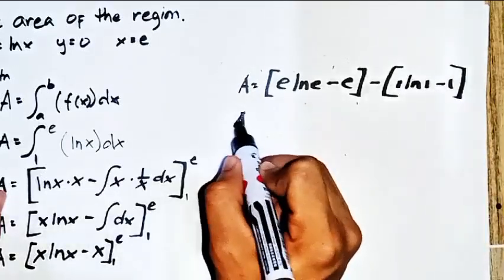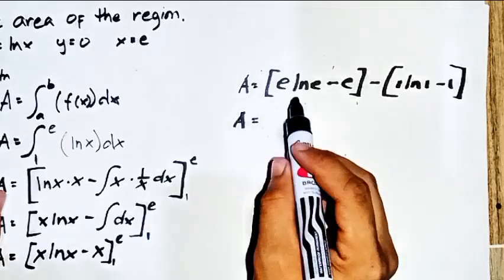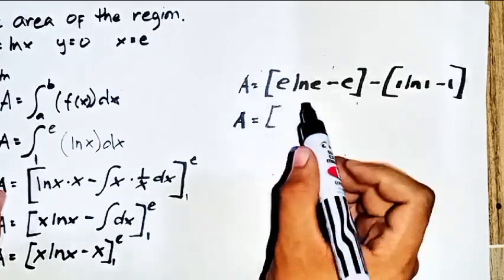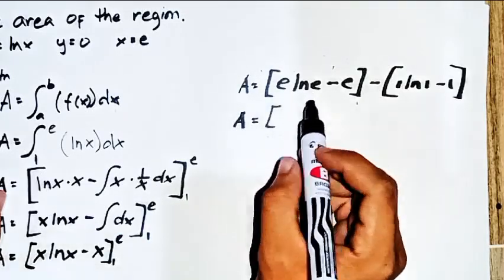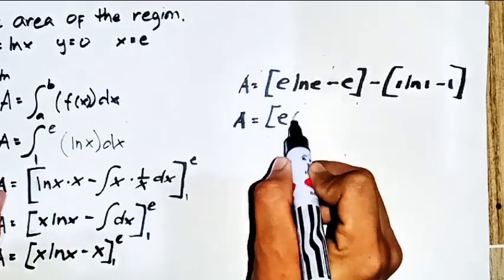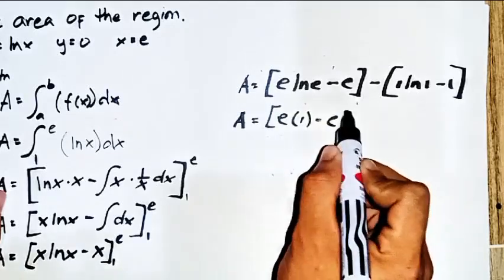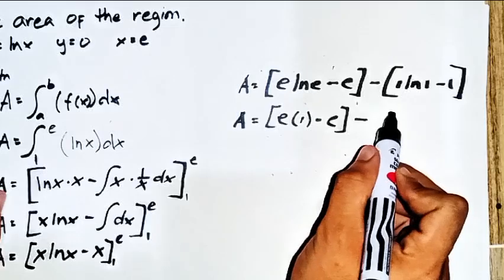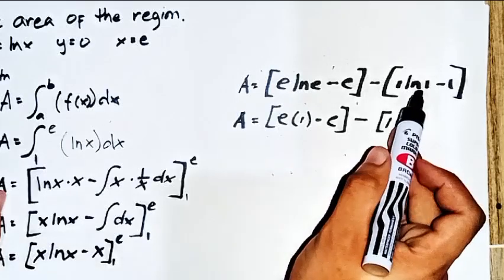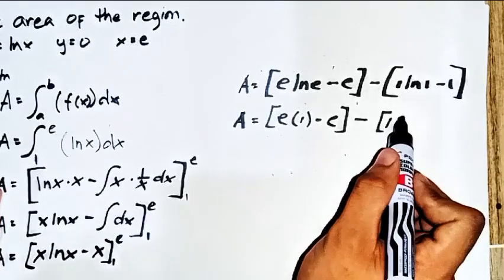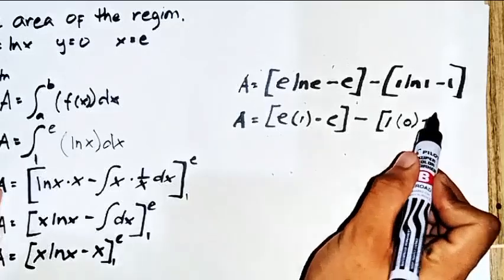So area is equal to, we know that ln e is equivalent to 1. So e times 1 minus e, minus 1 times ln 1 minus 1. We all know that ln 1 is equal to 0.